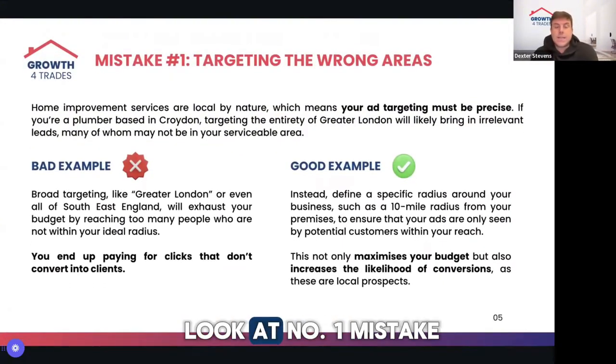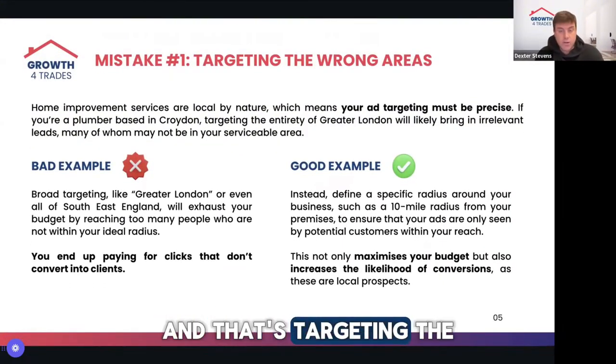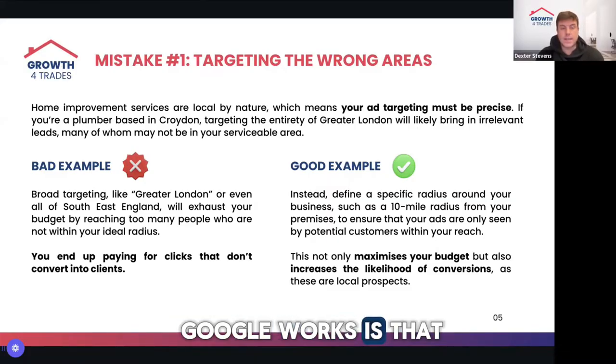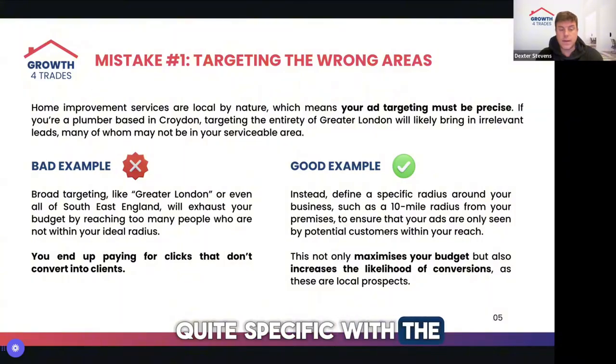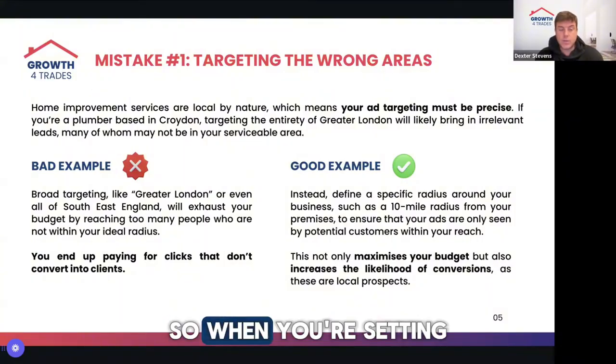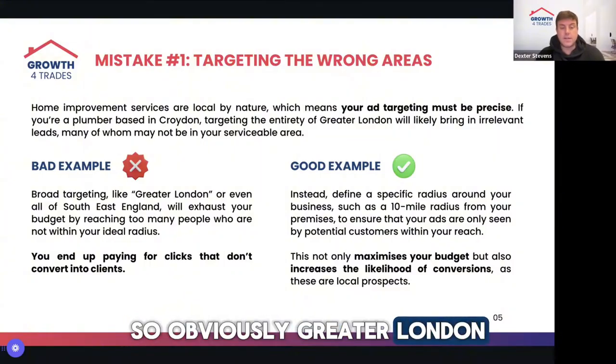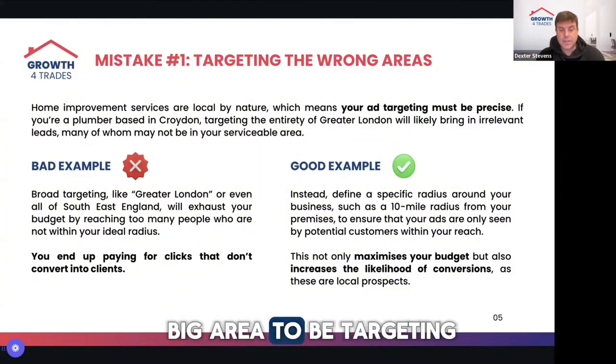So if we first look at the number 1 mistake, and that's targeting the wrong areas. The way Google works is that you can be quite specific with the areas you're targeting. When you're setting up the ad campaign, a lot of the businesses that we work for are local. Using this as an example, Greater London is quite a big area to be targeting.